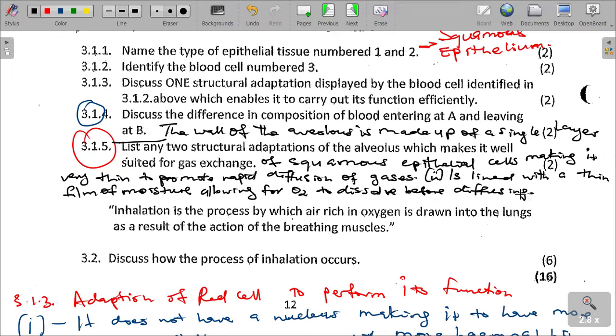So what we are saying is that it has a thin film of moisture which allows oxygen to dissolve before diffusing, which is quite a good advantage in terms of gaseous exchange.